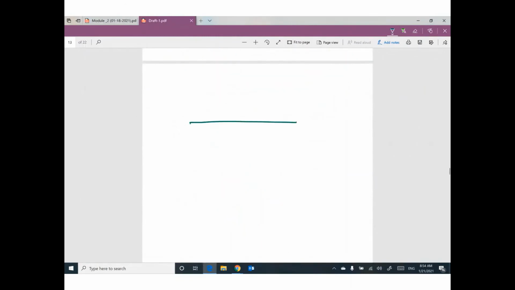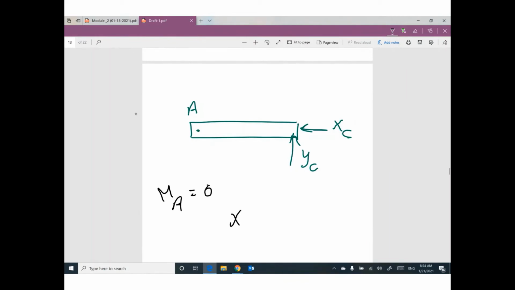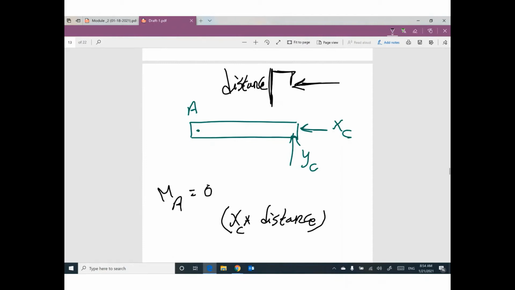We have a part here, point A, and we have XC, and we have YC. I am taking a moment at A equals 0. So I'm trying to multiply XC by distance. I told you any force and any distance must be perpendicular.